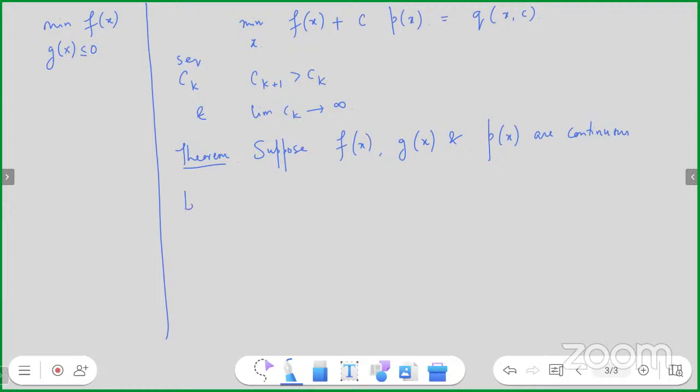And the algorithm here is, x_k is the argmin of q of x comma c_k. That's my algorithm. Is it clear? Every time I plant a c_k and find the optimizer. So let x_k be the sequence of optimizers.